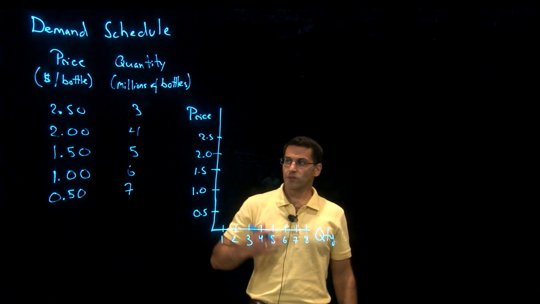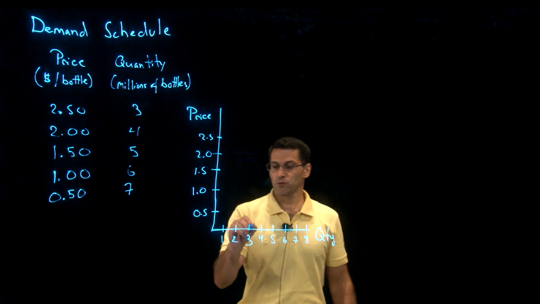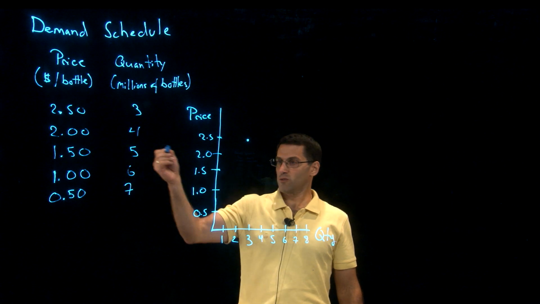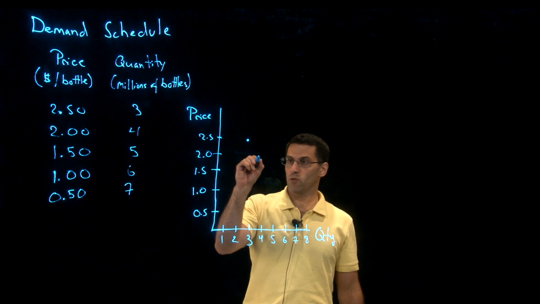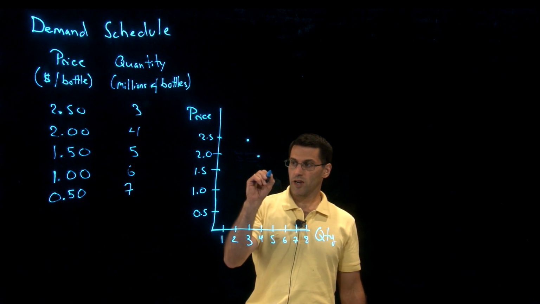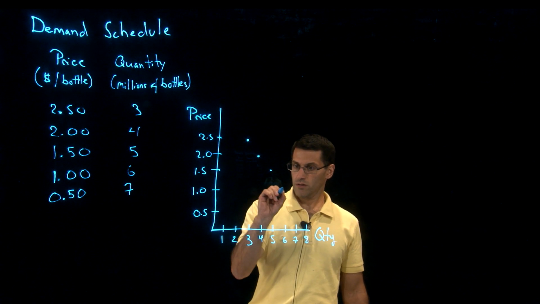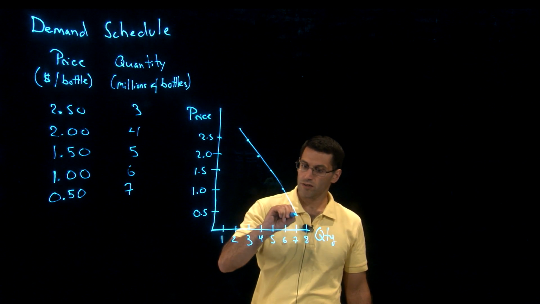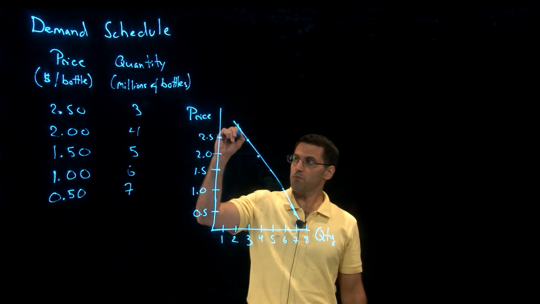So when price is all the way up at $2.50, consumers will only want 3 million bottles per day. It goes down to $2, consumers will want to buy more. We plot this out and then connect the dots. And there is our demand curve for bottled water.